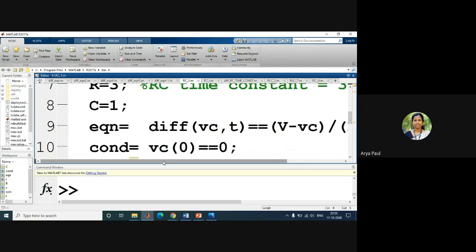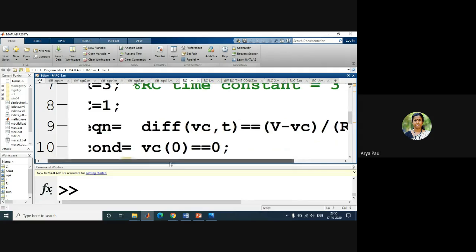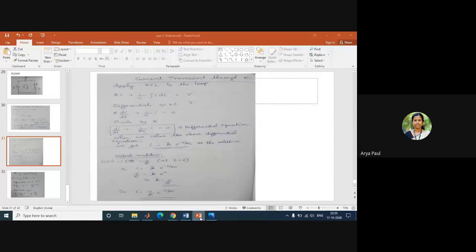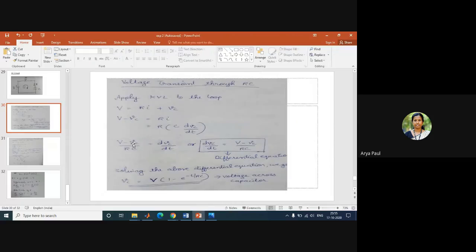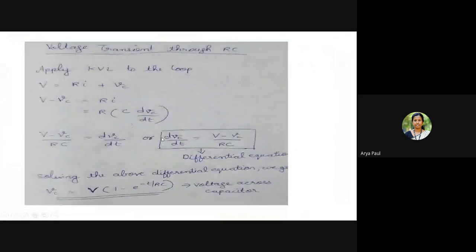Now I am putting in my equation. What is my equation? Here my equation for the voltage is dVc by dt equal to V minus Vc by RC, or 1 by RC into V minus Vc. On the left hand side you have dVc by dt, on the right hand side you have 1 by RC into V minus Vc.